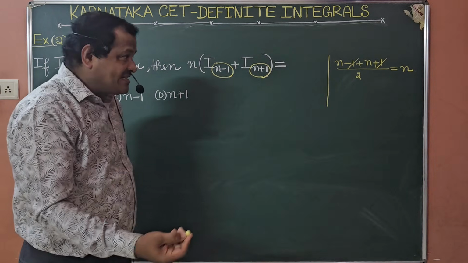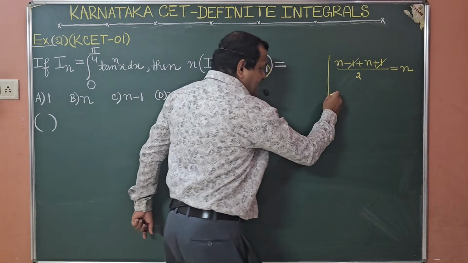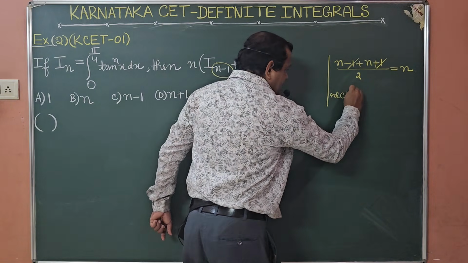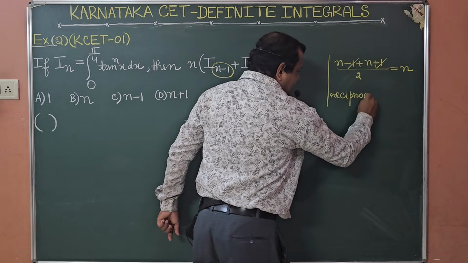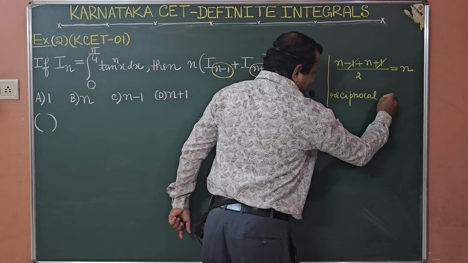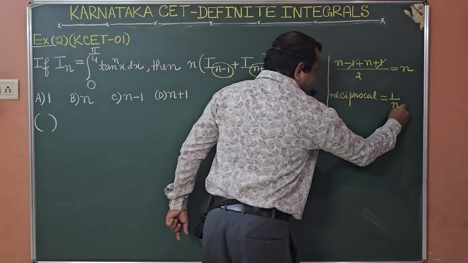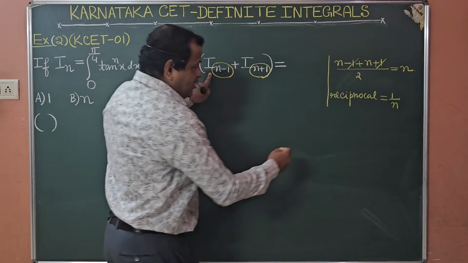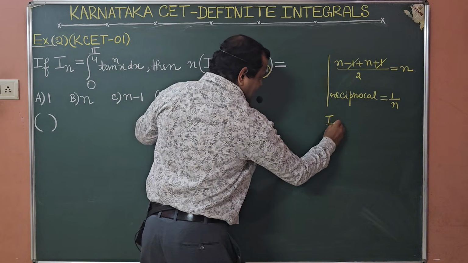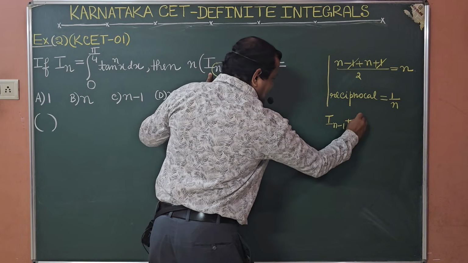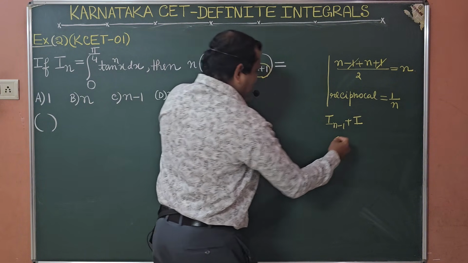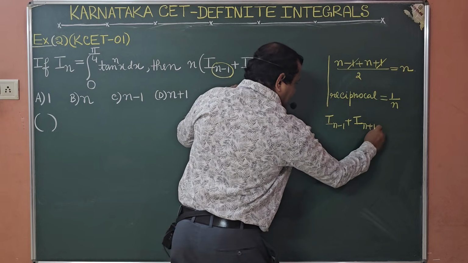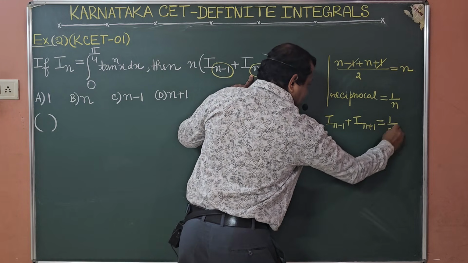But we need the reciprocal. The reciprocal is 1 by n. Or in other words, if I have to find only I suffix n minus 1 plus I suffix n plus 1, then my answer is 1 by n.